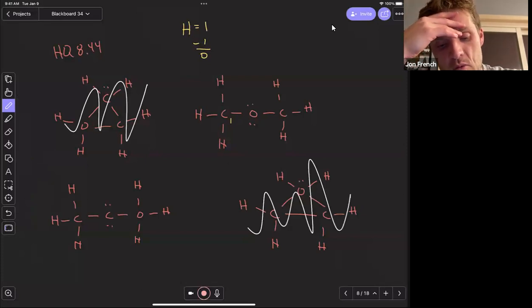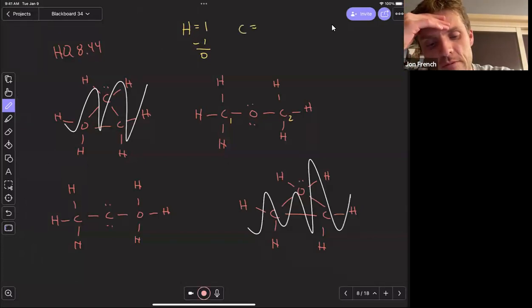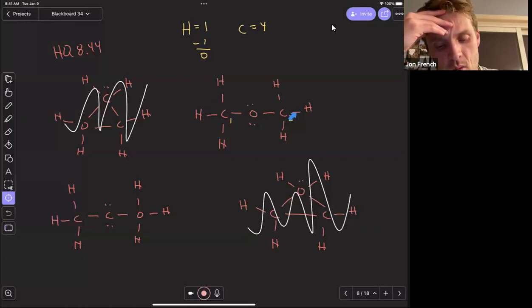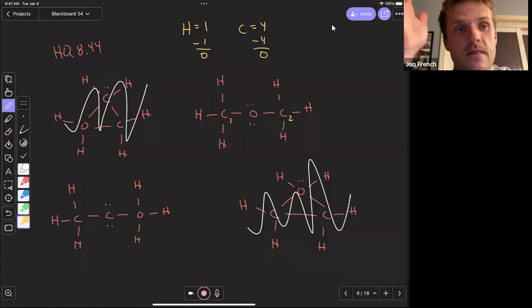All right, carbon 1 and carbon 2 are the same, so we can answer both of those. Carbon's group 4, and both of these carbons have 1, 2, 3, 4 electrons assigned to them. So 4 minus 4, that's neutral.